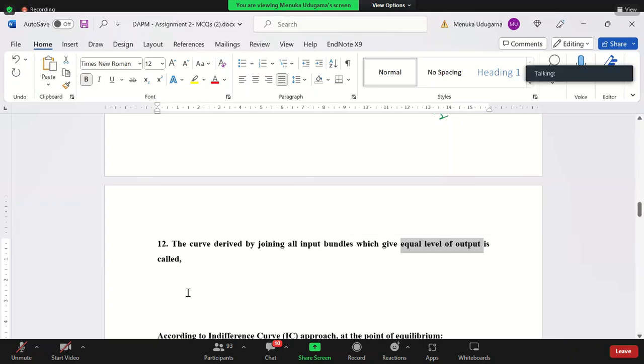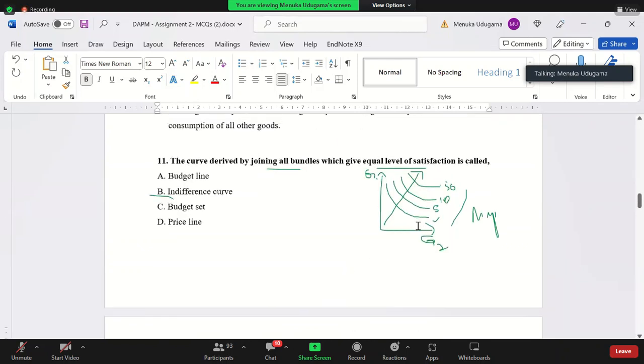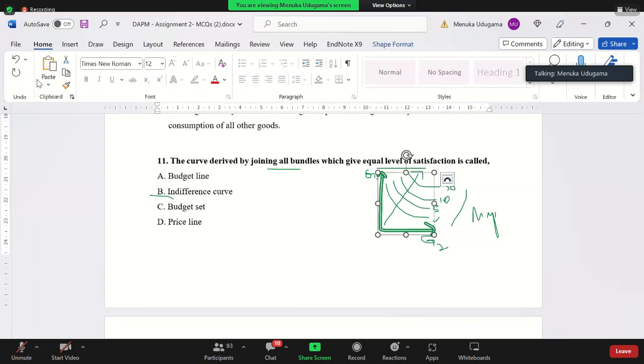What did we call this curve? Remember, it was very similar to this curve.